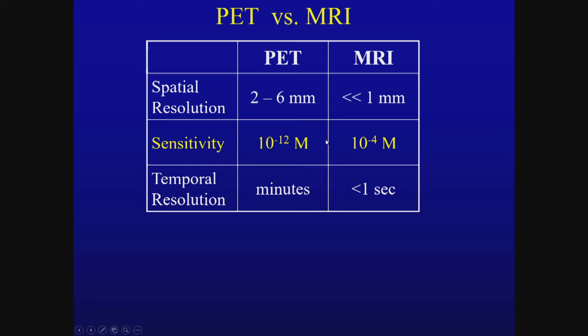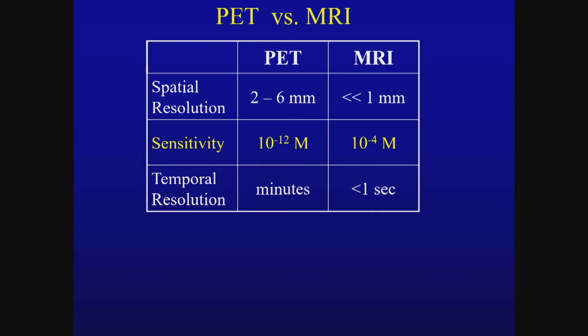But the way in which PET really stands out is its sensitivity. Whatever MRI or MRS is measuring has to be present in vivo at 10 to the minus 4th molar, whereas PET has a sensitivity down to 10 to the minus 12th, perhaps 10 to the minus 14th molar. So it can see that radioactive atom, carbon-11 or F18, if it's present at very low concentrations.